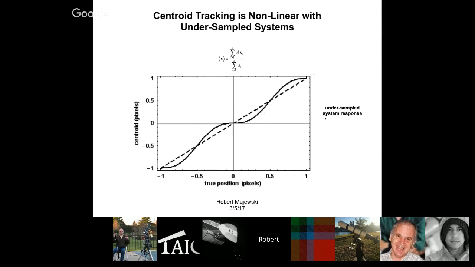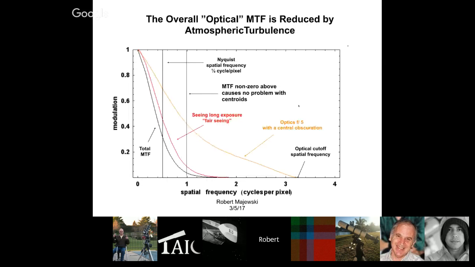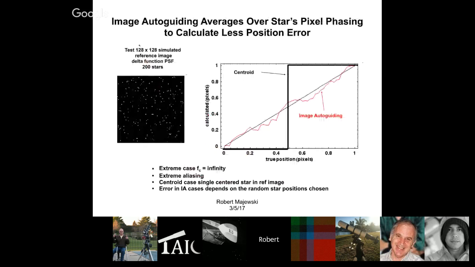One thing to notice about this curve is that if you have a distribution of stars, some of them are going to be in this situation and some are going to be in this situation. So if you average over all those cases, you can get an improvement. I did a little experiment here. I created a 128 by 128 simulated reference image with 200 stars in it that are horribly aliased. The f sub c is at infinity. These are just single lit-up pixels, like a hot pixel, except when I moved it, I would calculate the high precision position, but then round it to the nearest position.